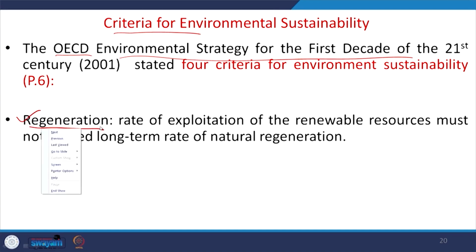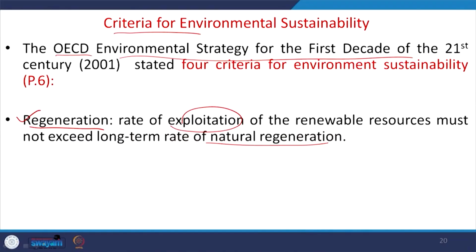What is regeneration? The rate of exploitation of natural resources or renewable resources must not exceed the natural regeneration. If exploitation is not greater than the natural regeneration, then this state gives the condition of environmental sustainability.